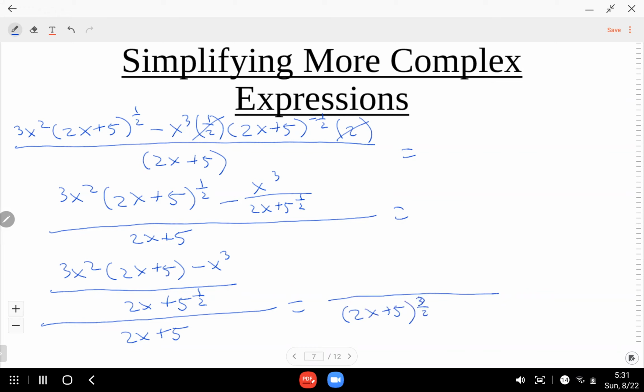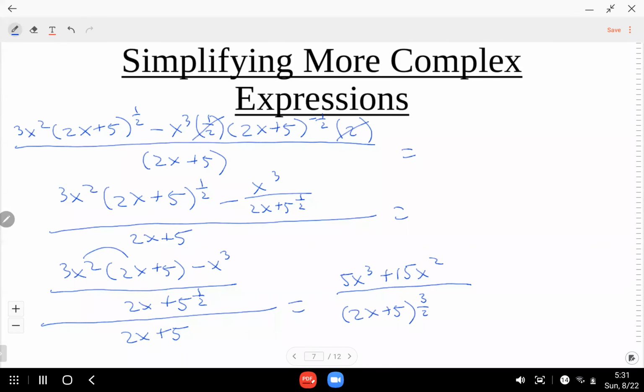All right. So then we simplify the top. Okay, multiply these. What is this? 6x cubed plus 15x squared minus, well, that's basically 5x cubed plus 15x squared.